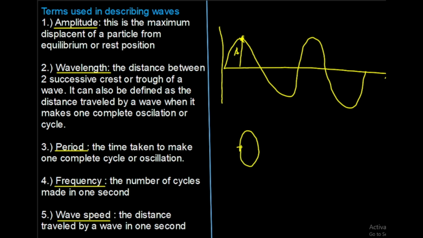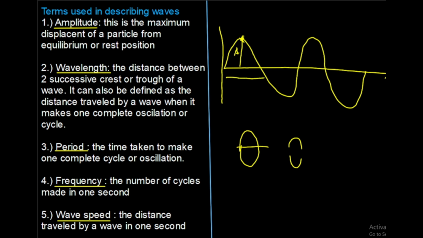If you divide this into two, we have half a cycle and then another half cycle. Half cycle plus half cycle gives us one cycle. So one cycle is simply one top and one bottom. So the distance the wave will travel when it makes one complete cycle can also be called wavelength.